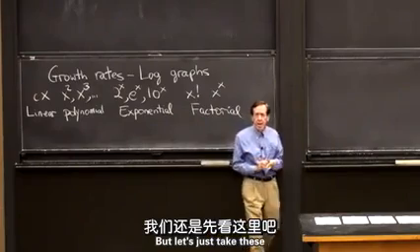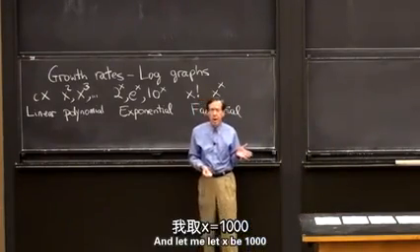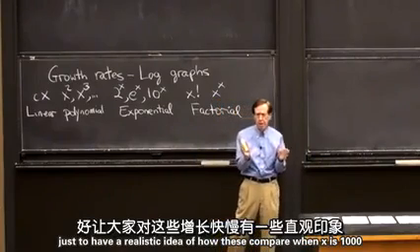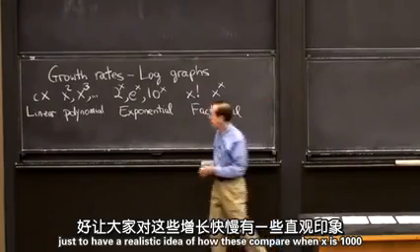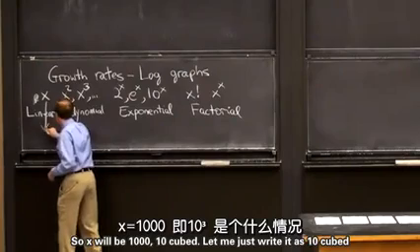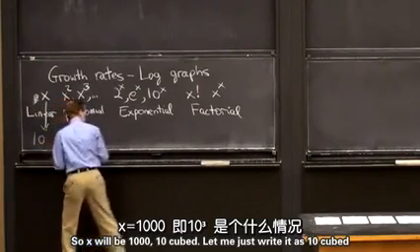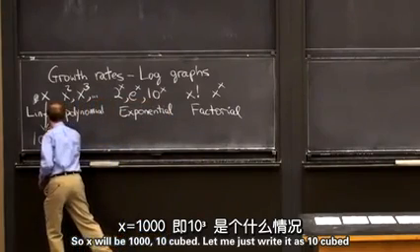But let's just take these and let x be 1,000, just to have a kind of realistic idea of how these compare when x is 1,000. Okay, so I'm skipping the c, so x will be 1,000. 10 cubed. Let me just write it as 10 cubed.